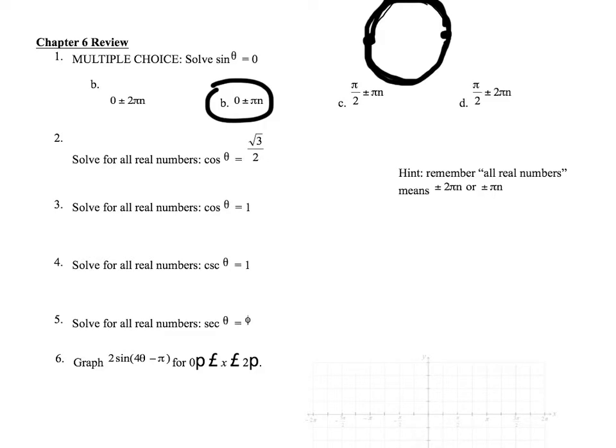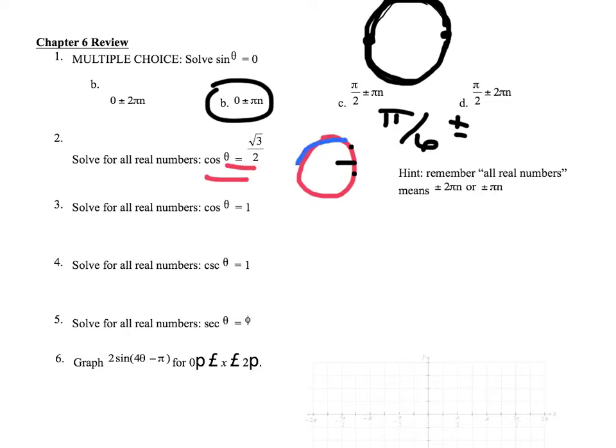All right, let's do cosine of theta equals square root of 3 over 2. Again, on the unit circle, we're going to find where that happens, and it happens at pi sixths and, my favorite spot, 11 pi sixths. This time, when we go from pi sixths, we do have to add an entire circle.